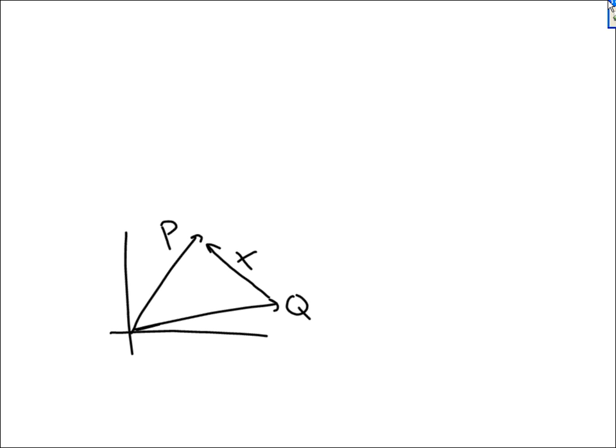Well then, first I went to Q, here's the head, and then I went to X, then I added X, and what I got was P. That's true. So our X is P minus Q.